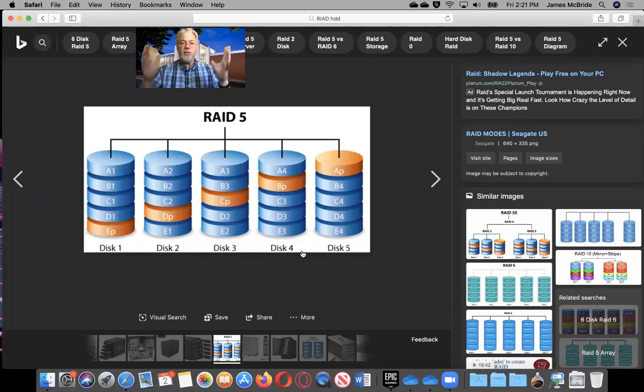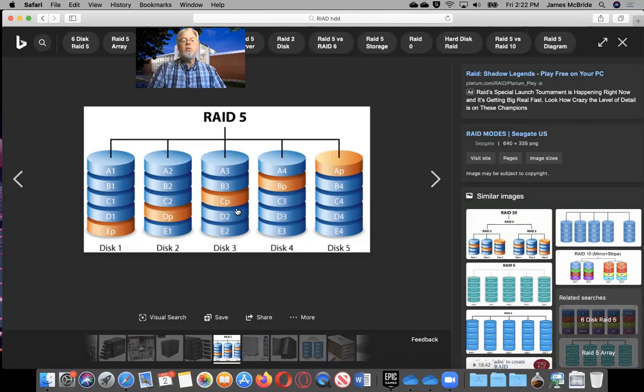So in this instance, really what we're trying to do is introduce you to the concept of smashing together a bunch of hard drives, not physically, but putting them all into one type of unit so that they function in a way that will allow a whole hard drive to fail and you'll be able to replace it. As you look at these cylinders here, it's listed disk 1 through 5, and it's showing you how it's spreading the data across those 5 disks.